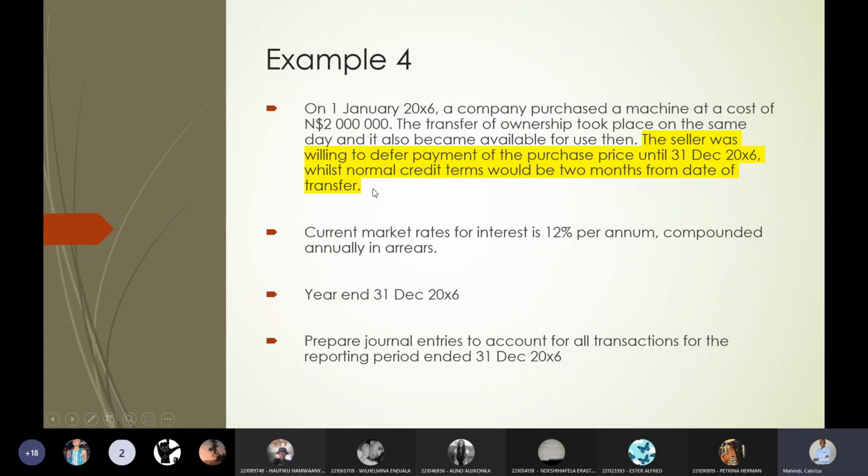So when would this machine be expected to be paid under normal credit terms? That's my first question. When would the payment have to be made under normal credit terms?